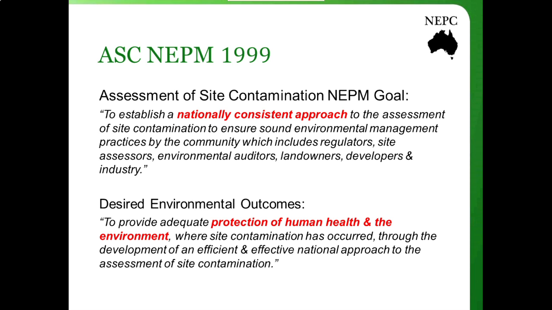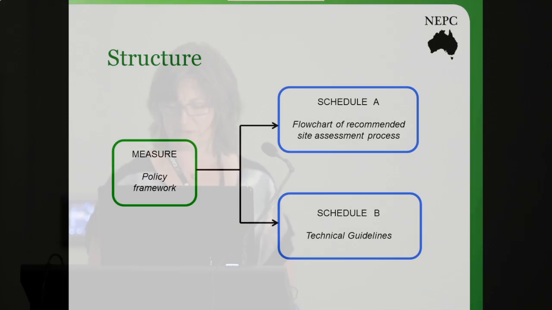So I've highlighted those keywords, emphasising nationally consistent. That's what we're aiming at. Yes, there are variations across the country, but the amendment will, I think, improve consistency, which will help the way the industry works and also how regulators interact as well.